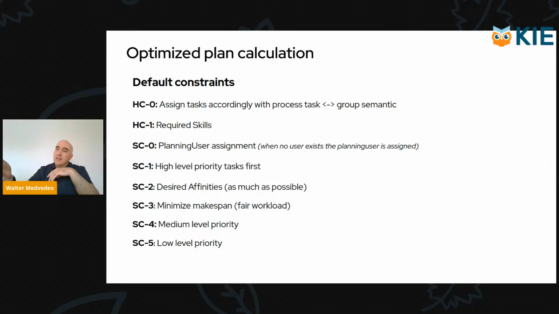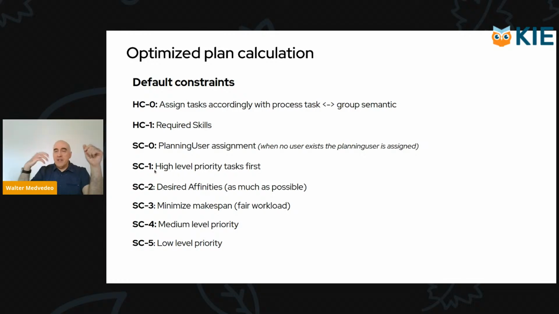Then we have all these things with the fair workload and minimize makespan. If you see, this constraint is in the fourth place, sorry. So here we can see that we are not only doing round robin, we are really doing optimization, because the minimization of the makespan comes after the higher priority task first.